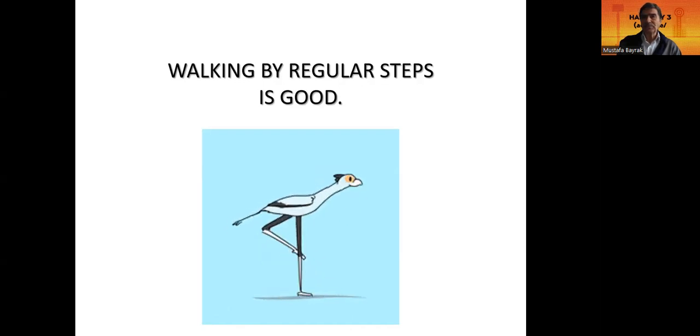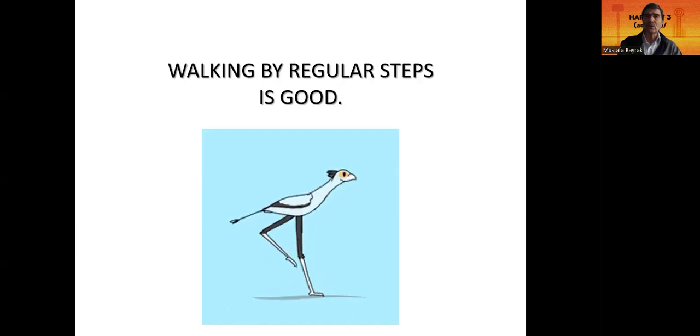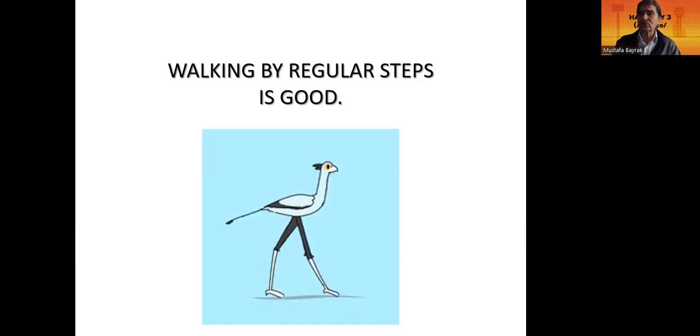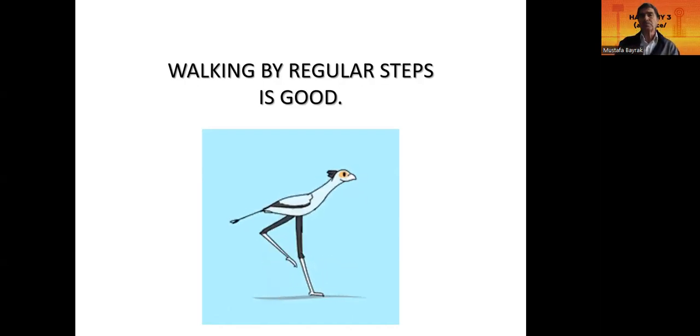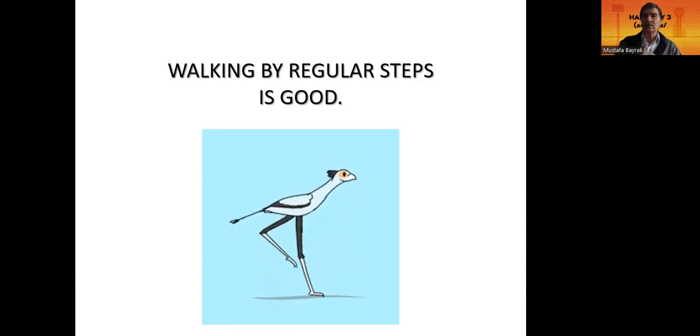Let's read it. Walking by regular steps is good, or just walking is good. Isn't it so simple? Walking is good for us. Walking by regular steps is good for us. Or walking in the mornings by regular steps is good for each of us.